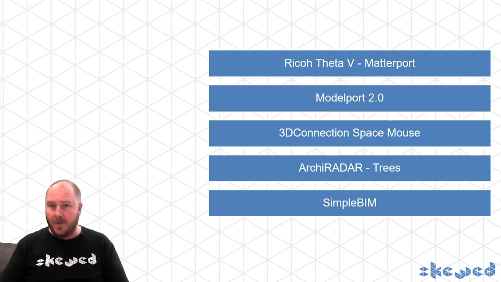So let's start off. One of the things I think about a lot when it comes to existing information site capture is the number of times I've gone onto site and we take a heap of photos. We pick up our iPhone, and we go click, click, click, click, click, and we walk away from site.